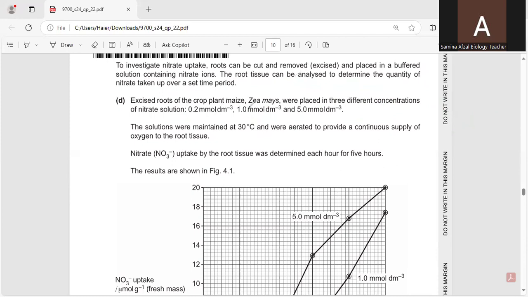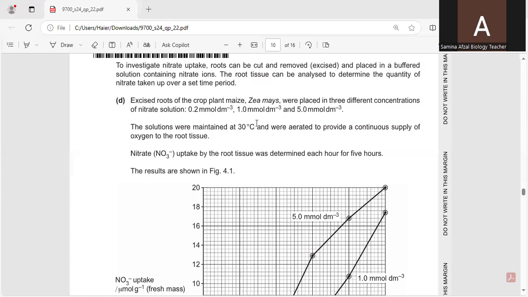Roots of the crop plant maize were placed in three different concentrations of nitrate solution: 0.2, 1.0, and 5.0. The solutions were maintained at 30 degrees centigrade and aerated to provide a continuous supply of oxygen to the root tissues. Nitrate uptake by the root tissues was determined each hour for 5 hours.